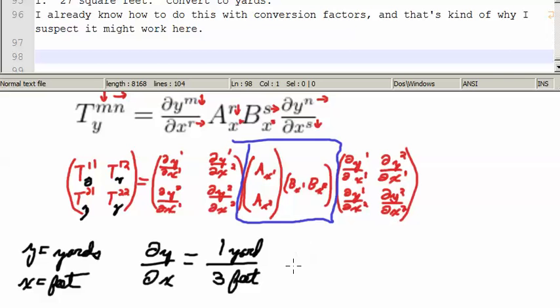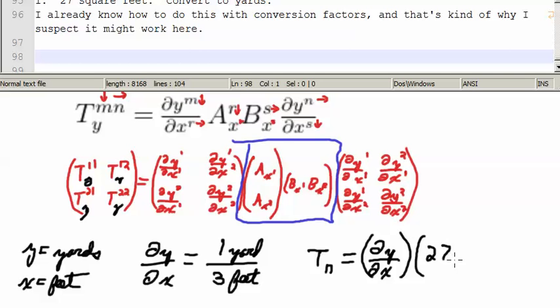If I were to write this equation, just the T11 part, let's say, T11 equals del y del x times A sub x, B sub x, which is going to be 27 feet squared, and then del y del x again over here, del y1 del x1.